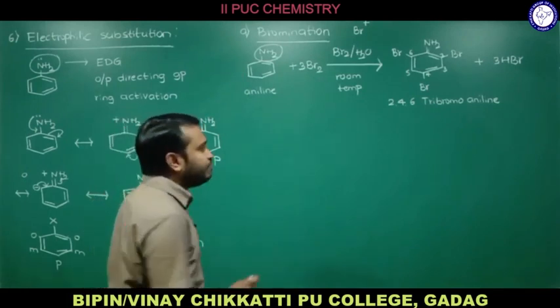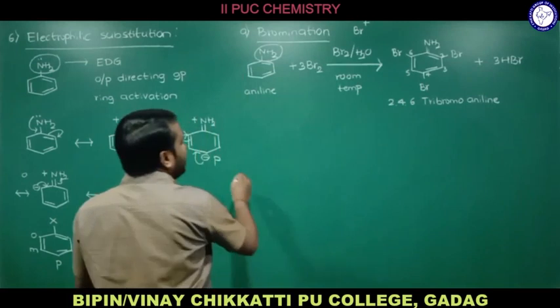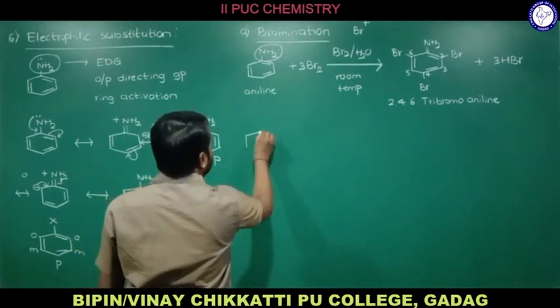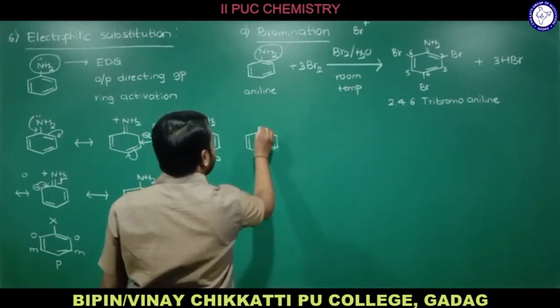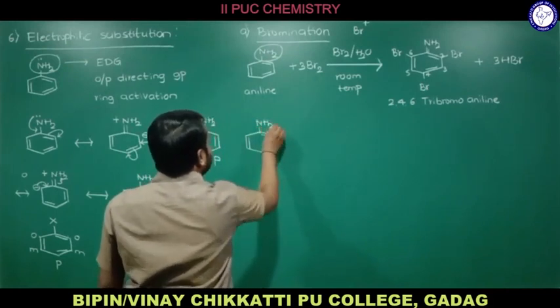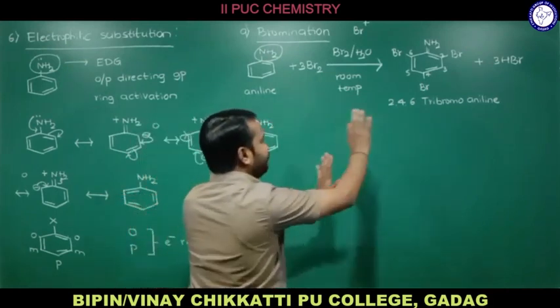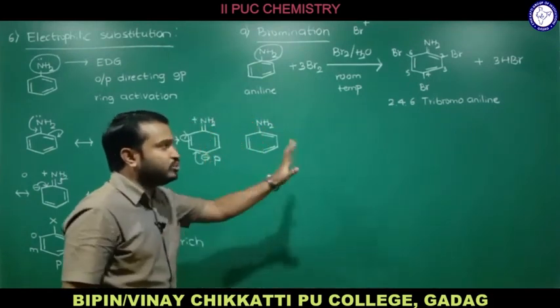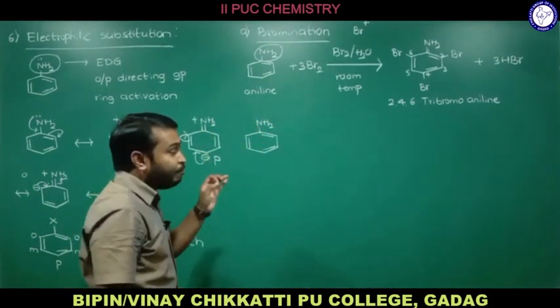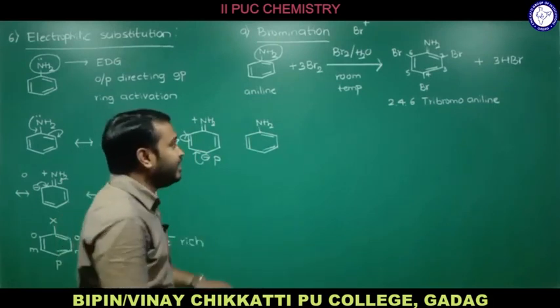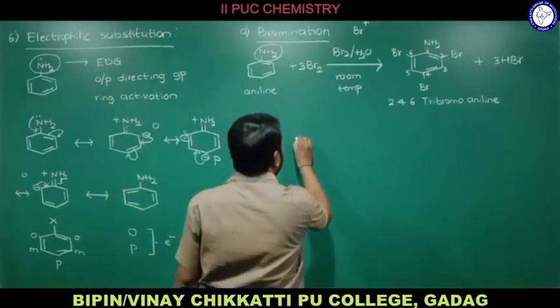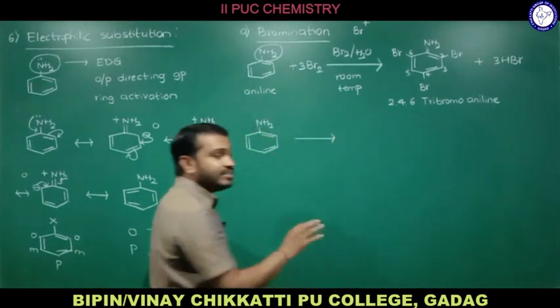And what is that step, and how are we going to get the single substituted product, I am going to explain here. So let me consider aniline. If you carry out the bromination, we get a tri-substituted product, 2,4,6 tribromoaniline. But my interest is I want a single substituted product, and for that I need to consider a well-known reaction, that is the acylation reaction.